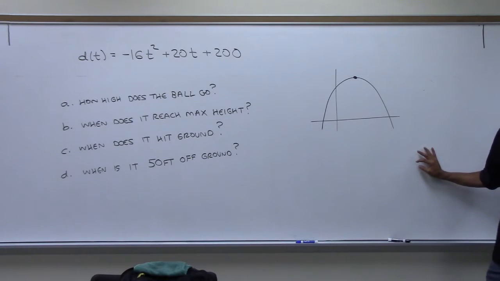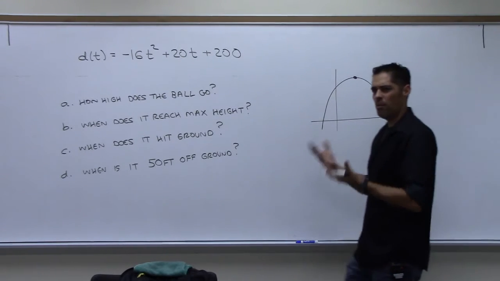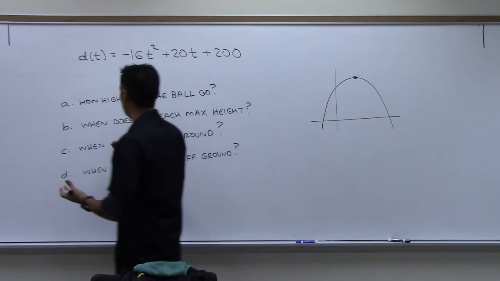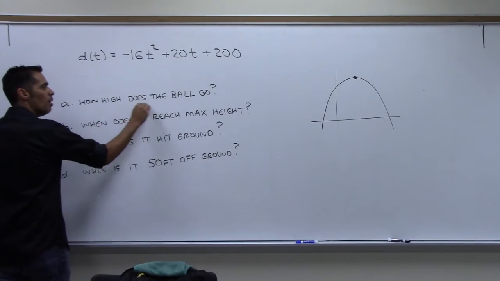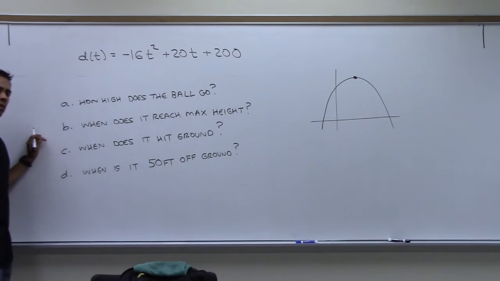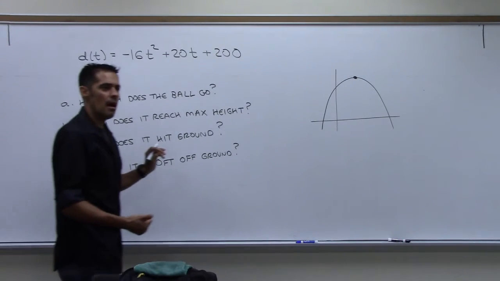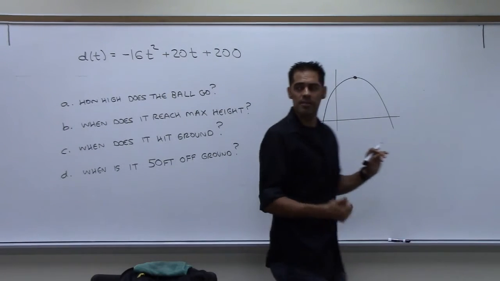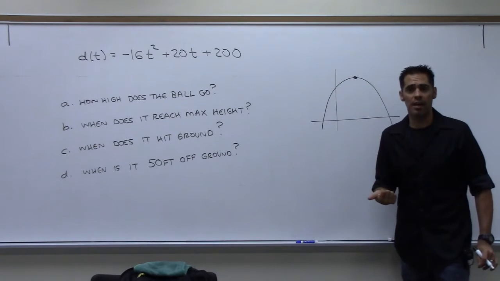That would represent the highest point, right? So when it says, how high does the ball go, what is it really asking for? The whole vertex? The highest point, right? It's the y value of the vertex.